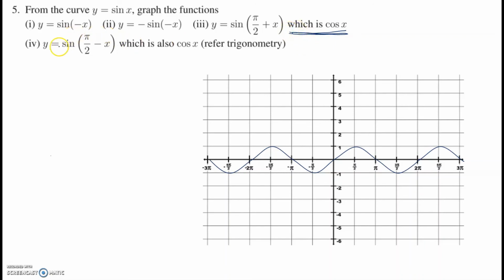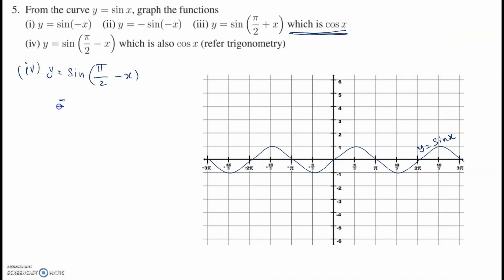Right, now let's go to the last one, which is y is equal to sine pi by 2 minus x. So here I've sketched y is equal to sine x function. Now let us do some adjustments to this.